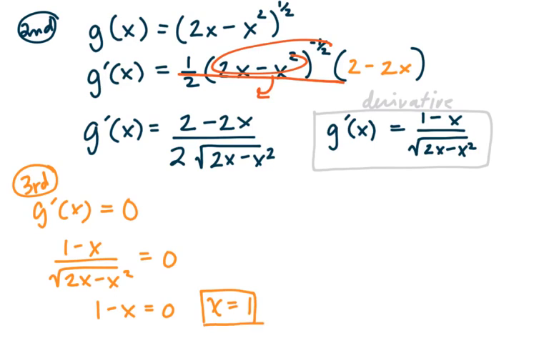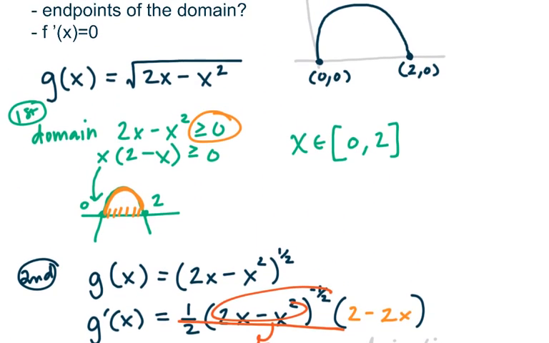And then the last piece we need to consider here is, is the derivative undefined? So are there any undefined values for my derivative? And the derivative here has the same denominator as we were dealing with up above, right?